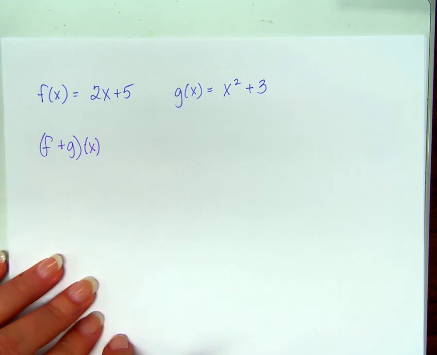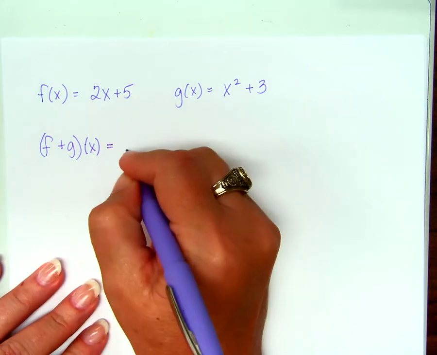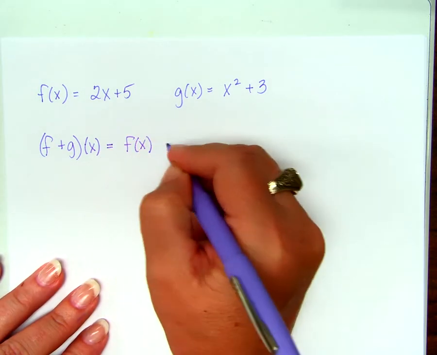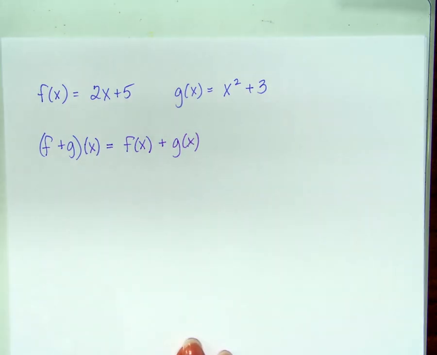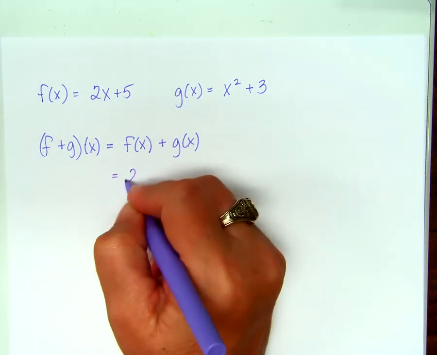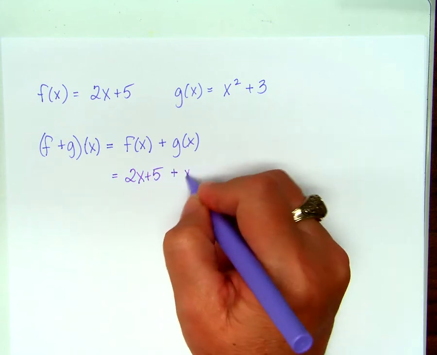What (f plus g) of x actually means is take f of x and add g of x. Is that hard? No, but I needed to remind you because it's been a while since we've done it. Okay? What is f of x in this case? 2x plus 5. What is g of x in this case? x squared plus 3.